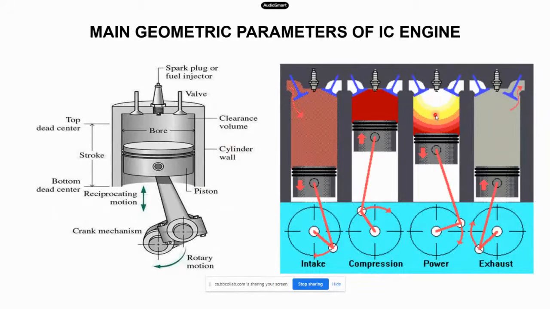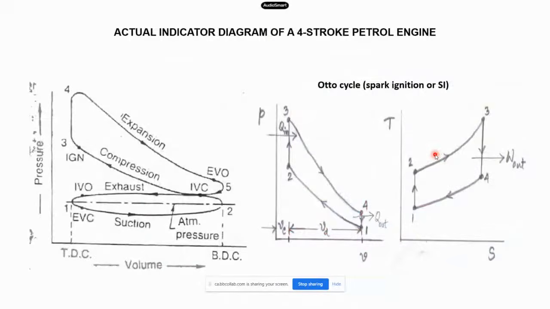During the power stroke, there is an average pressure acting on top of the piston that is pushing the piston back to where it was in the beginning. This average pressure acting on top of the piston during the power stroke is called the mean effective pressure.